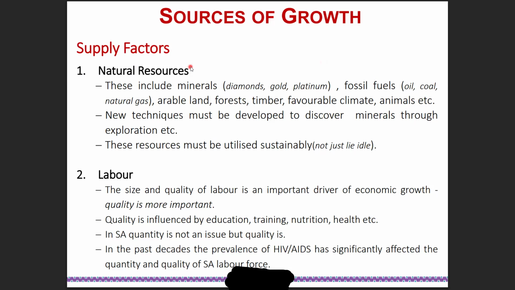So they're saying that quality is influenced by education, training, nutrition, and health, right? So for the quality of labor to improve, we need people that are educated. You need to offer training to the workers, and nutrition as well. People have to be healthy.